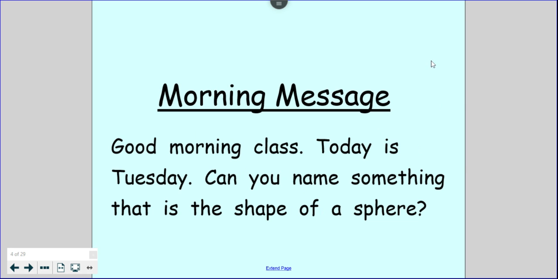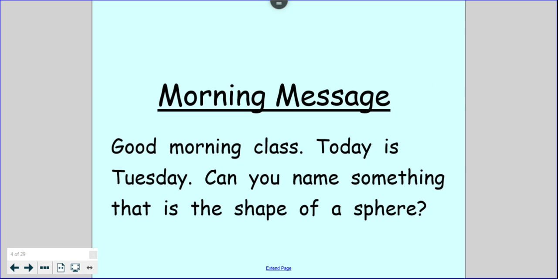That means instead of just measuring it from top to bottom and side to side, you can also measure it from front to back. That's the other dimension. I know that's a big word. Can you name something that's the shape of a sphere? A sphere is the same as a ball.